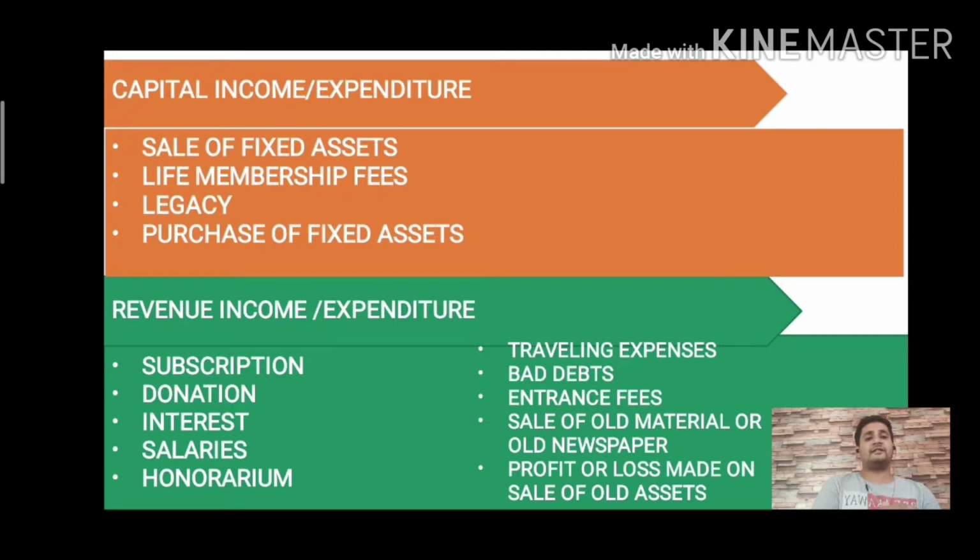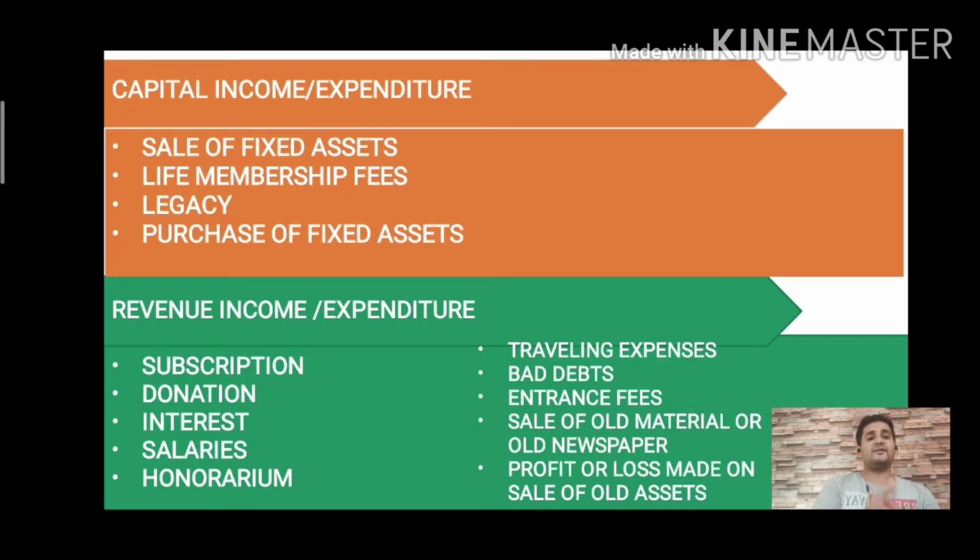Next come revenue income and revenue expenditure. Subscription is very important. Subscription is the main revenue income for a not-for-profit organization. Next, donation and interest are also revenue income. Next, salaries, honorarium, traveling expenses, bad debts, sale of old material or old newspaper.